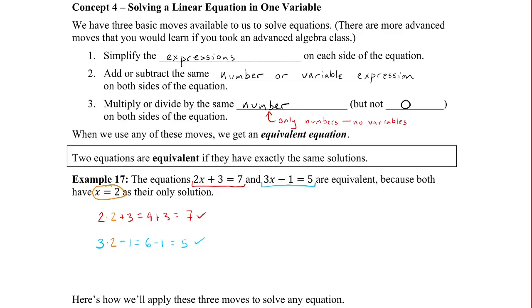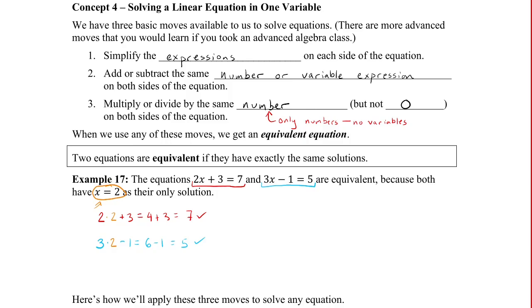And so those equations are equivalent. There is a sequence of moves out of 1, 2, and 3 that we could use to take us from the first equation to the second equation. We usually wouldn't do that, though. Usually the moves that we're going to choose are moves that take us closer to something that looks like this.